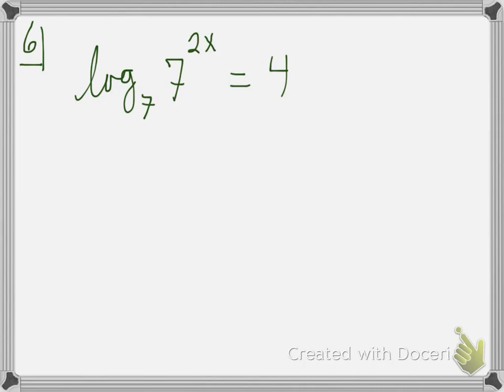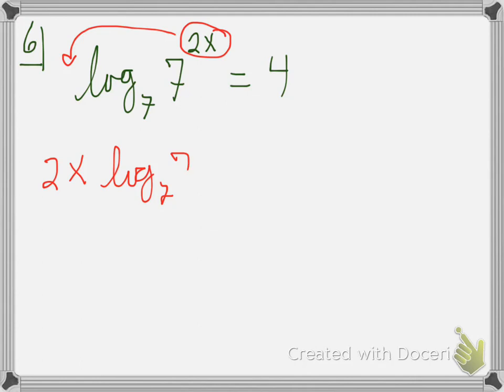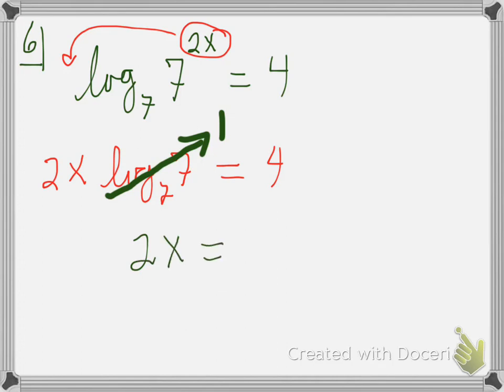What I can do is take this exponent out in front as a coefficient and get 2x times the log base 7 of 7 equals 4. Well, jingle my bells, would you look at that. Log base 7 of 7 is 1, which tells me now then that 2x must equal 4, so x equals 2.